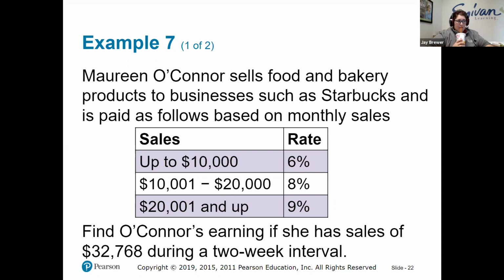What's her commission rate going to be? Based on the sales they're giving us, what's her commission rate going to be? 9%. Very good, Anna. Thank you.